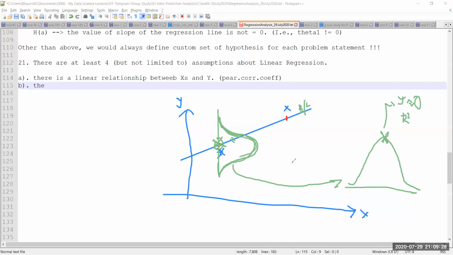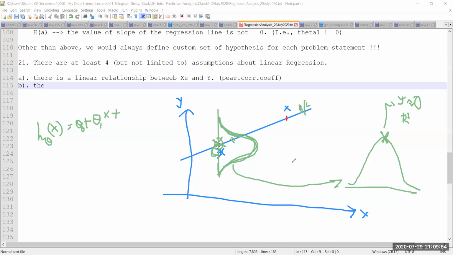These distributions, or this difference, is also known as error terms. What is error term? If I try to define it once more, h of theta x is equal to theta 0, which is my variable that is affecting the outcome, right? And I have theta 1 x.